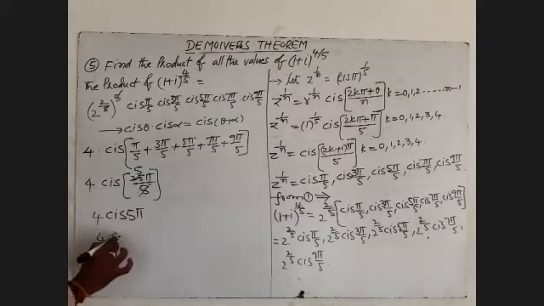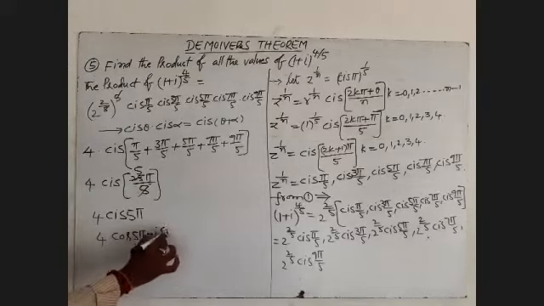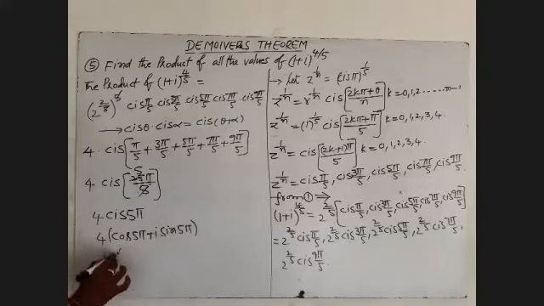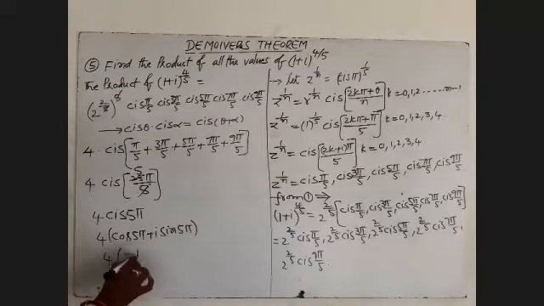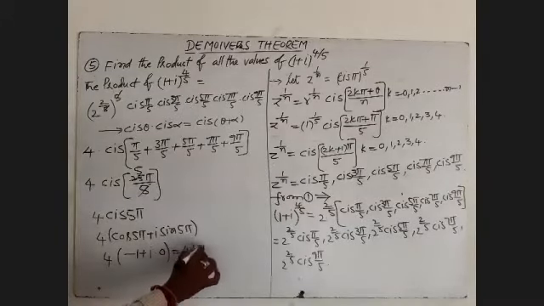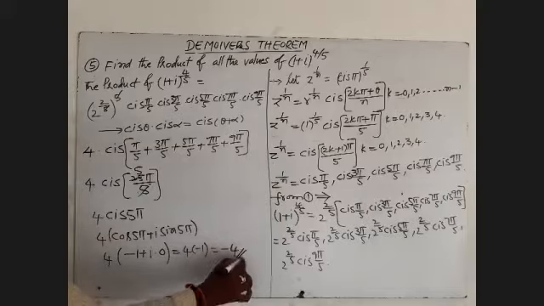I have to expand in this one: cos 5 pi plus i sin 5 pi. There cos 5 pi is minus 1, plus i into sin 5 pi, which is 0. That is the value: 4 into minus 1 is equal to minus 4.